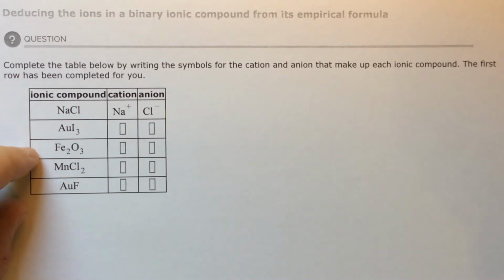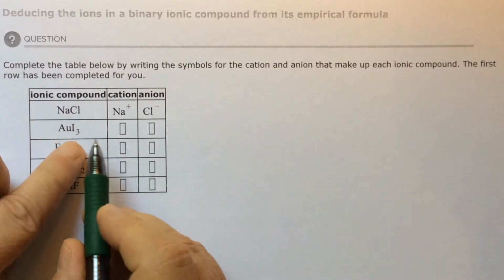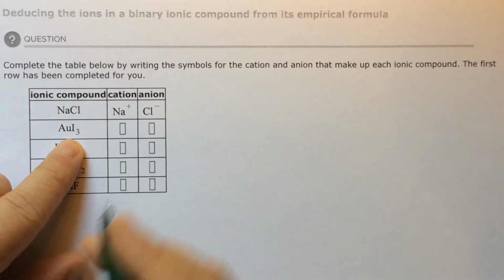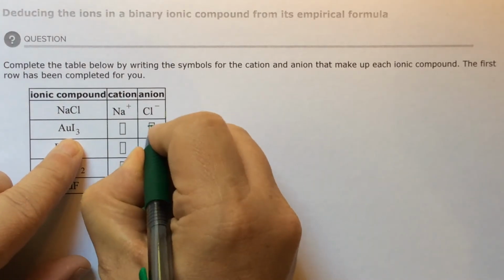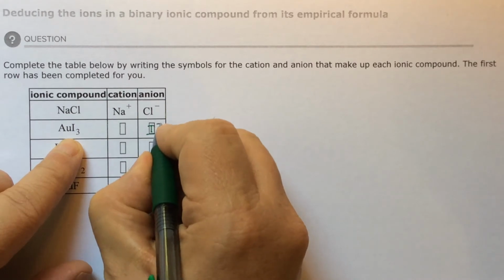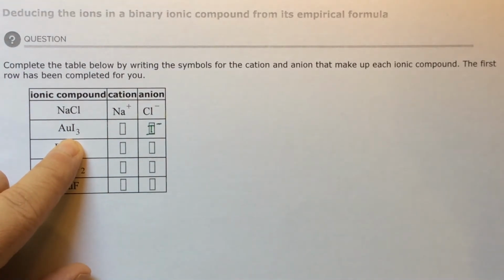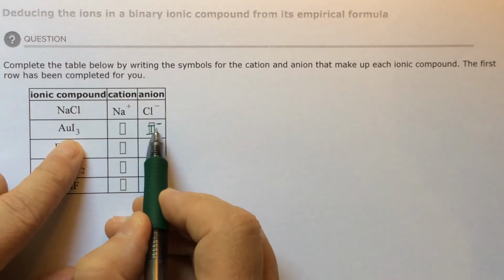Now gold. Gold is in the transition metals, so I don't know. It's not from a column that I can guess. Okay, I can't guess gold, but I can guess iodine. Iodine is in group 7, so it's going to be negative 1. Well, how many negative 1s do I have here?